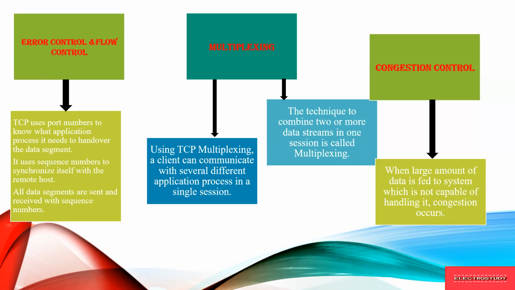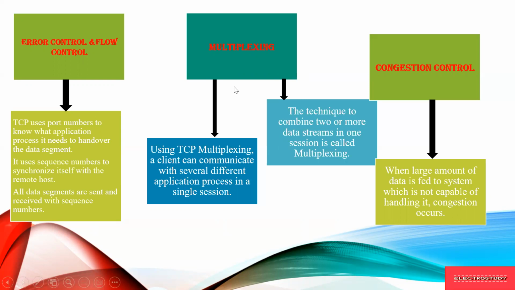Along with that, it uses sequence numbers to synchronize itself across the different hosts. All the data segments are sent and received with sequence numbers, as I told. So when TCP uses sequence numbers and synchronizes with each other, it obviously has error control and flow control that is synchronized between the sender and the receiver.